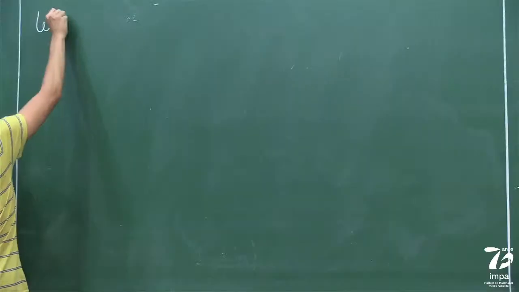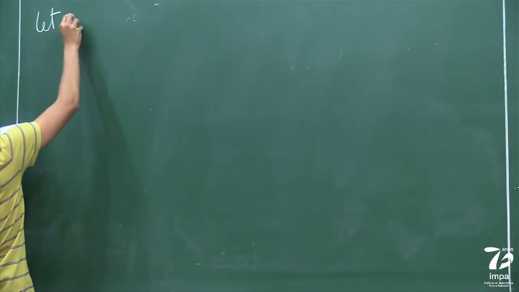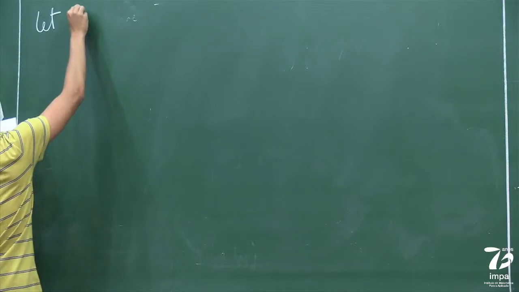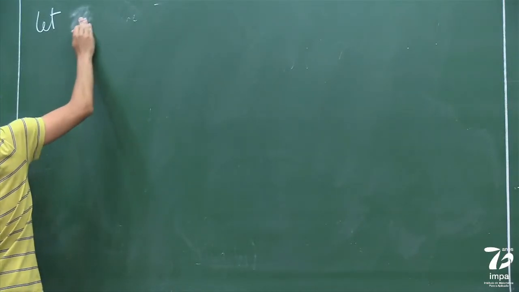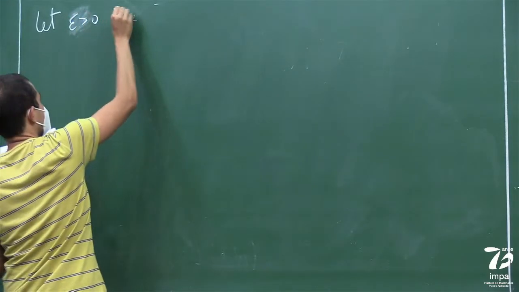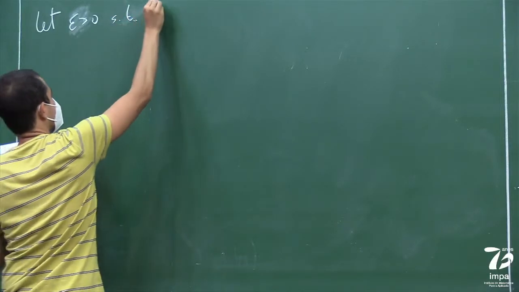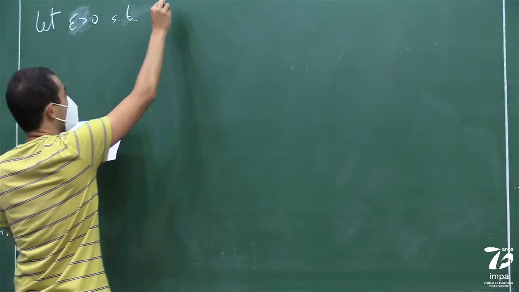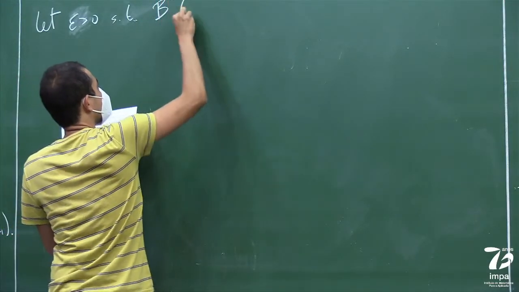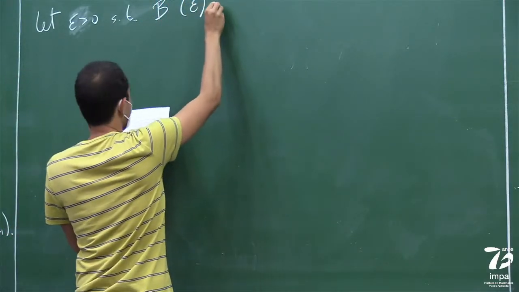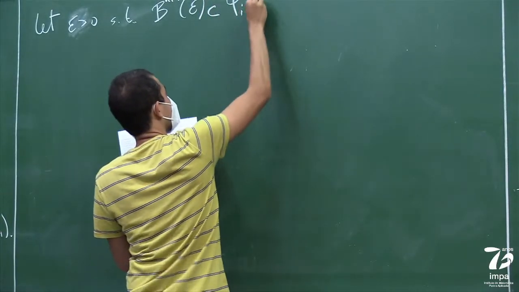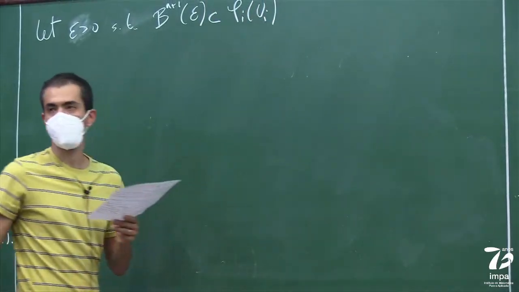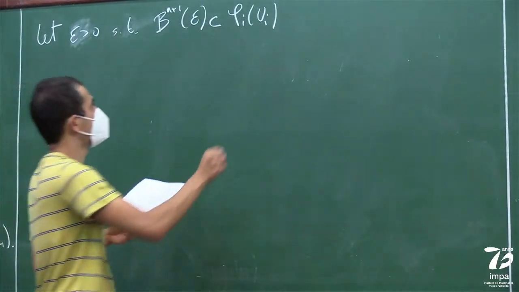So now let epsilon be so small that there is a ball of radius epsilon contained in phi_i of U_i for every i.